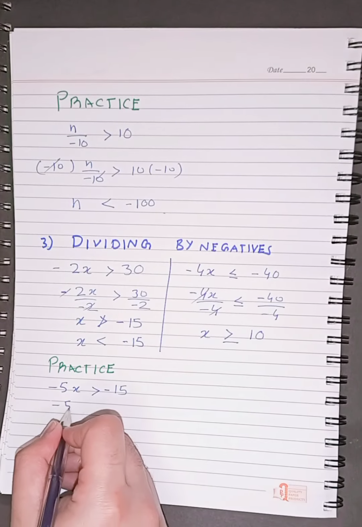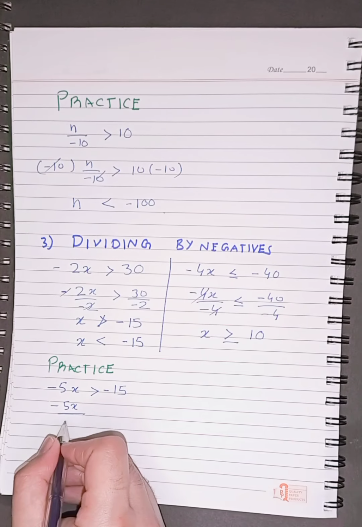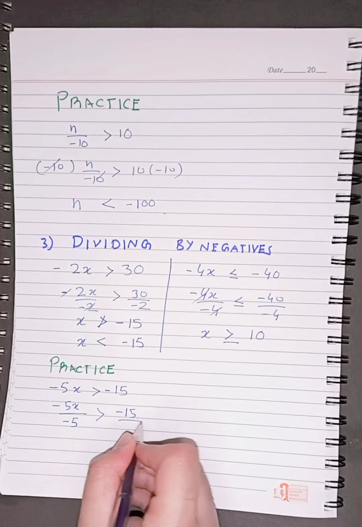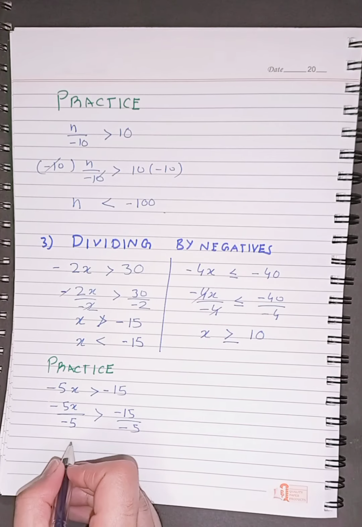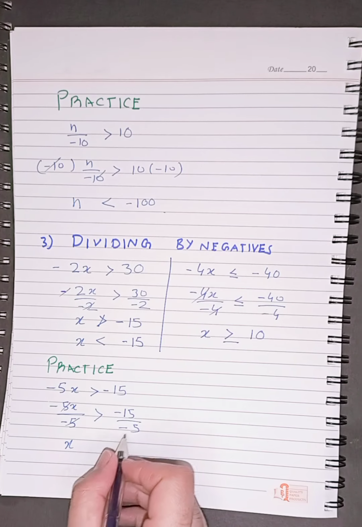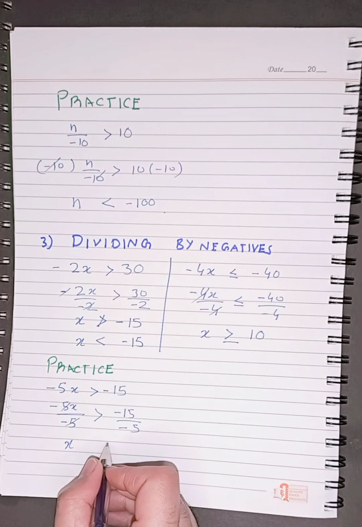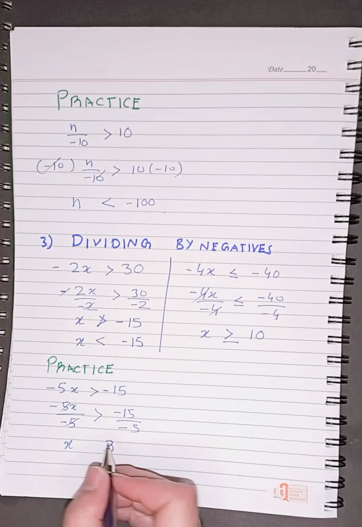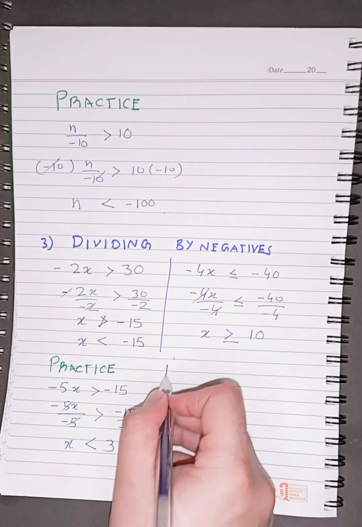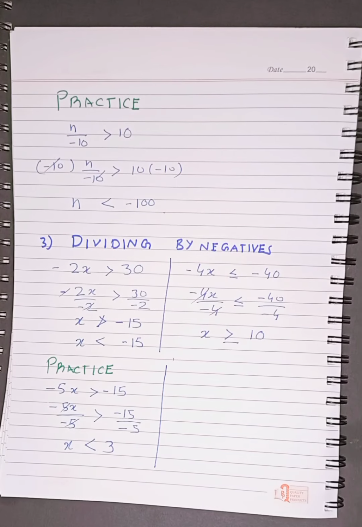So negative 5x over negative 5 is greater than negative 15 over negative 5. The negative 5 cancels out. You have x, and here you will have 3, and the sign will be less than. So this is your answer.